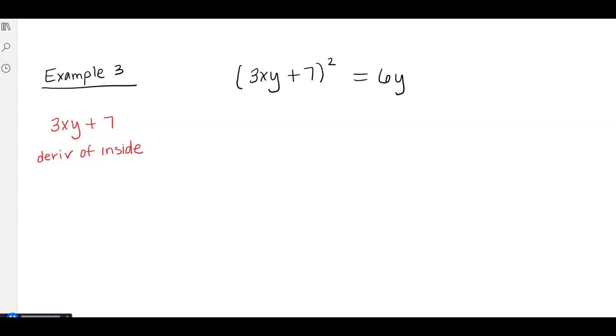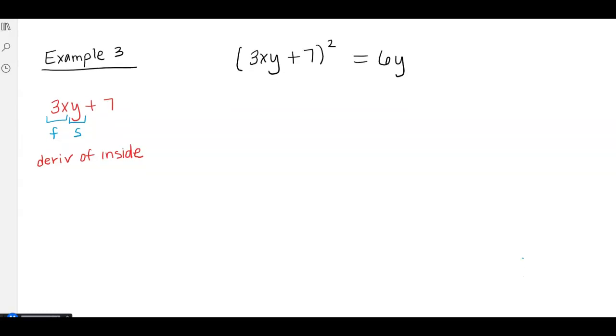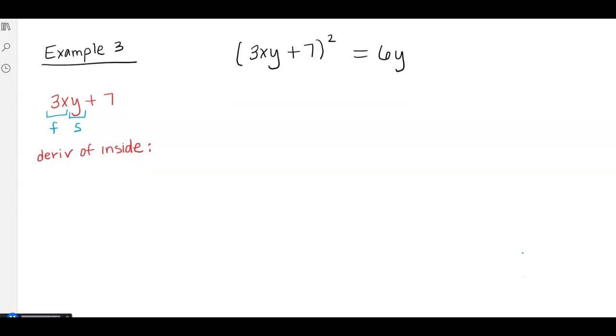Inside the parentheses, I'm going to use the product rule for this. First, second. All right, so I'll take the first function, 3x, times the derivative of the second, which would be dy dx.